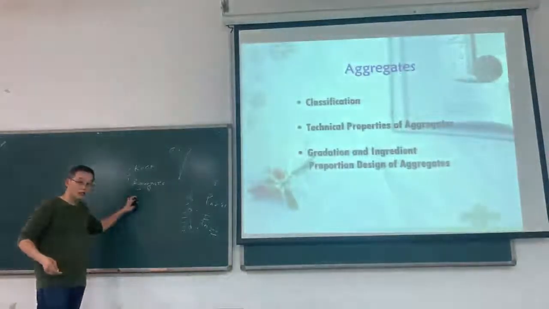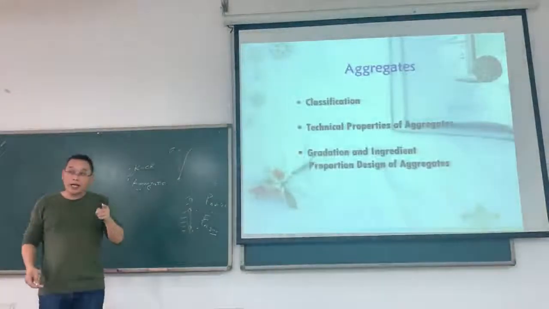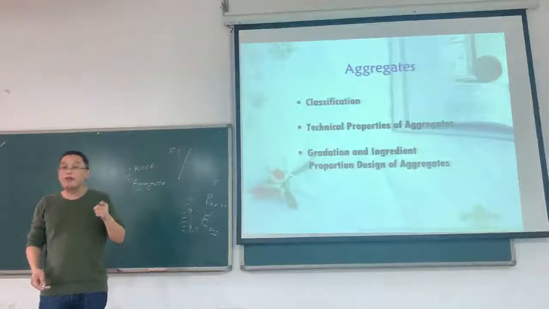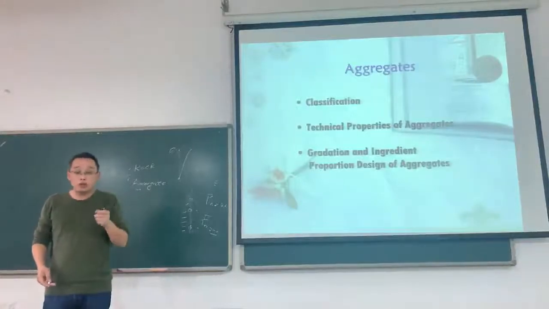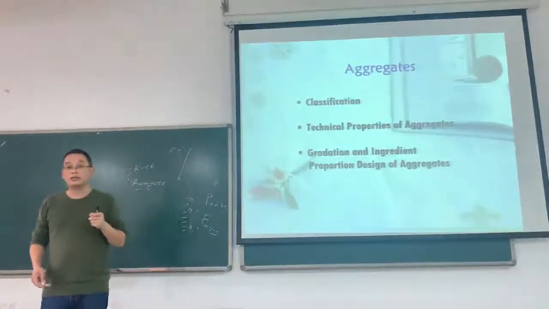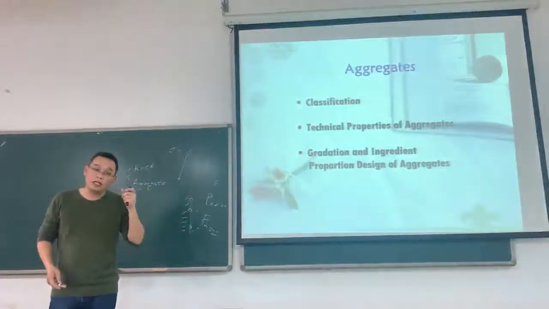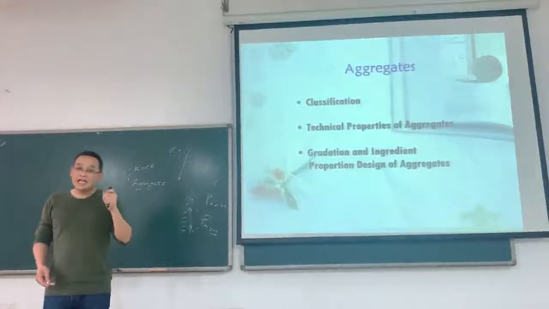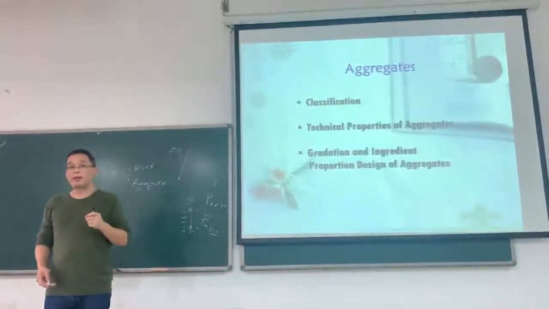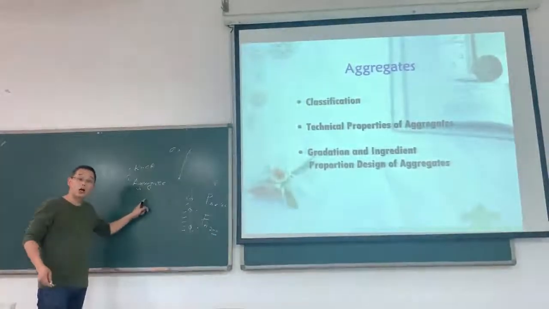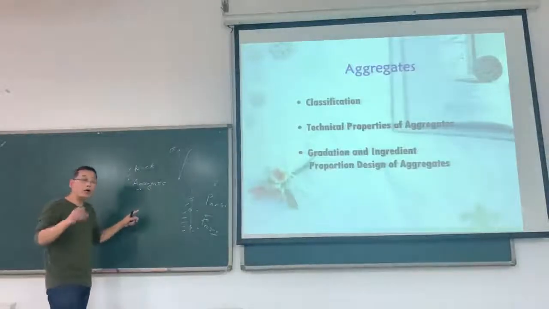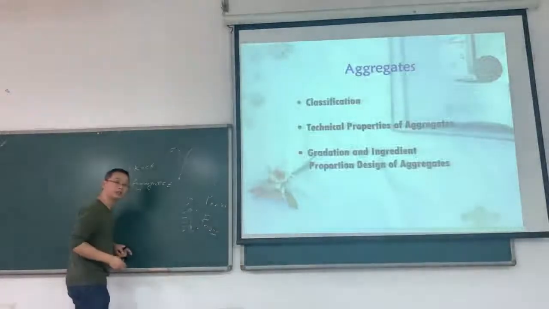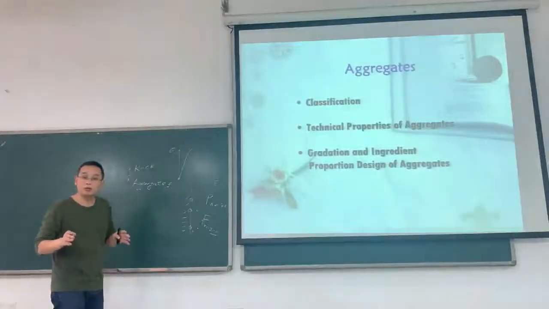But what is the aggregate? Aggregate refers to the materials we can use in concrete, especially in cement concrete and asphalt concrete. But in this kind of concrete, the size of the aggregate is mostly below how many?